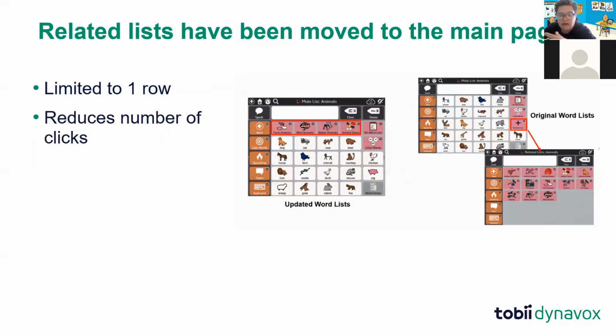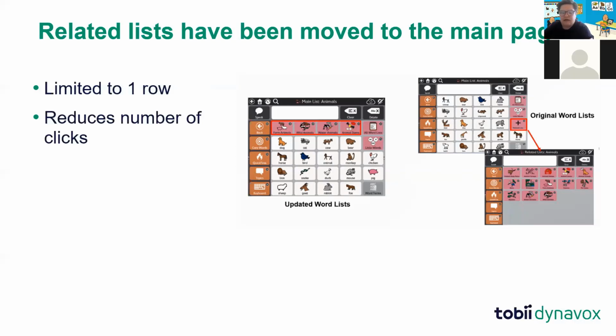So for example, under animals, if you clicked on related word list, it would give you some different options like farm animals, wild animals, etc. What we've done is we've moved those into the main page at the top of the main word list. Again, it's going to reduce that amount of navigation, the clicks, but also having to find that within that related list. We've also limited these to one row.